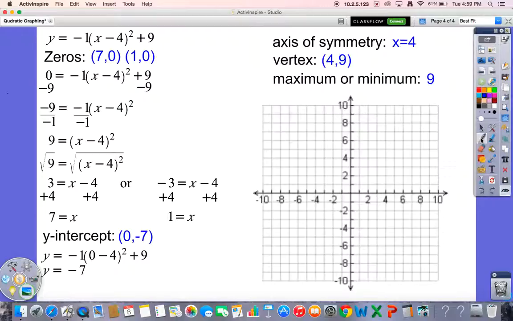I am going to use the information that we have just discovered in order to make a graph. My first zero is at (7, 0), right here. My second zero is at (1, 0). Coming down here, I have a y-intercept of (0, negative 7).